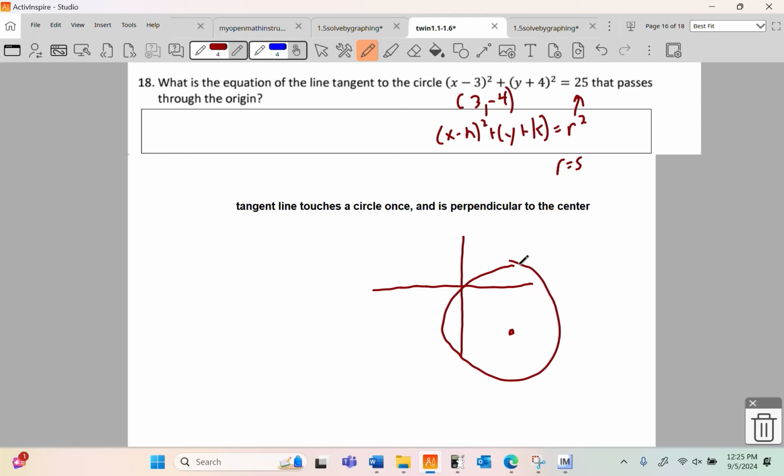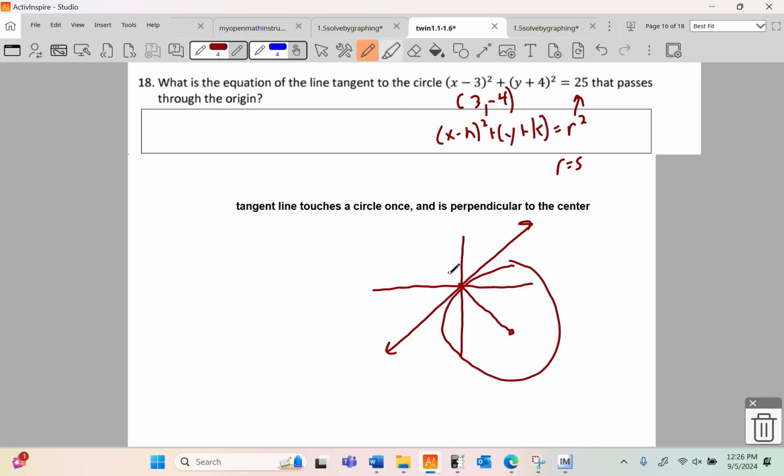And let's see here, we're going to be tangent to it, and we pass through the origin. It looks something like that. Now, this is a rough diagram, so you shouldn't trust the math. All right, don't trust the math at all. Please don't.